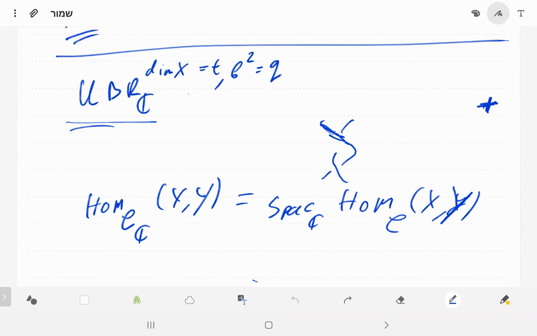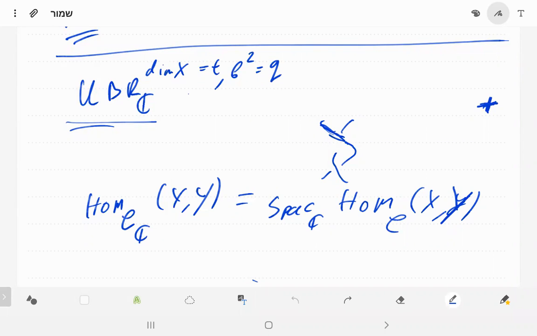Now we usually want to change it a little bit. Before we change it, we want to say it more universally, not to fix the values of t and q, but consider them in a family. And there is a general algebraic trick for when you want to consider a family of vector spaces, categories or whatever.